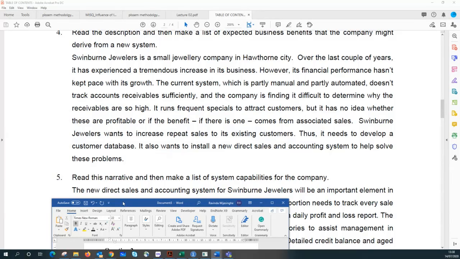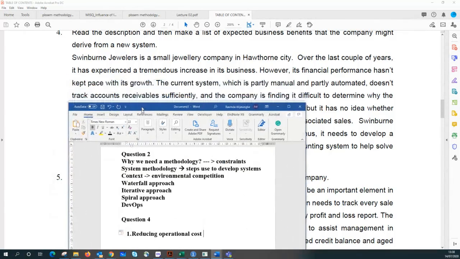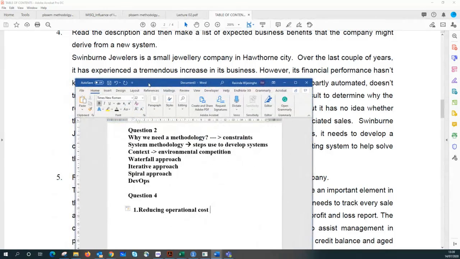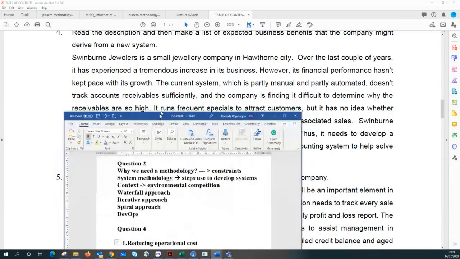That is one of the basic advantages of this particular system. So we can definitely reduce the operational cost by analyzing the cost patterns associated with specific customer sales based on the customer sales database.